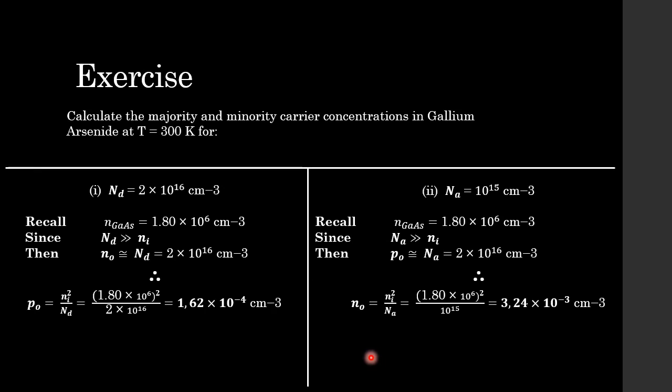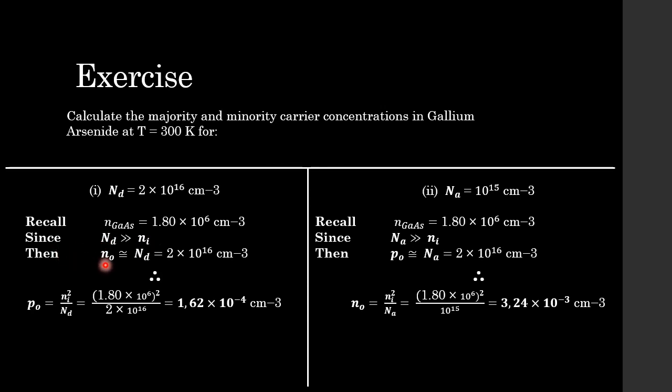Exercise. Calculate the majority and minority carrier concentrations in gallium arsenide at a temperature of 300 Kelvin for, firstly, a donor concentration of 2 times 10 to the 16. So, if we recall, the intrinsic carrier concentration of gallium arsenide calculated in the exercise before this was 1.8 times 10 to the 6. So, compare the intrinsic carrier concentration to the donor concentration, 10 to the 16 versus 10 to the 6. It's very clear that ND is much greater than NI.